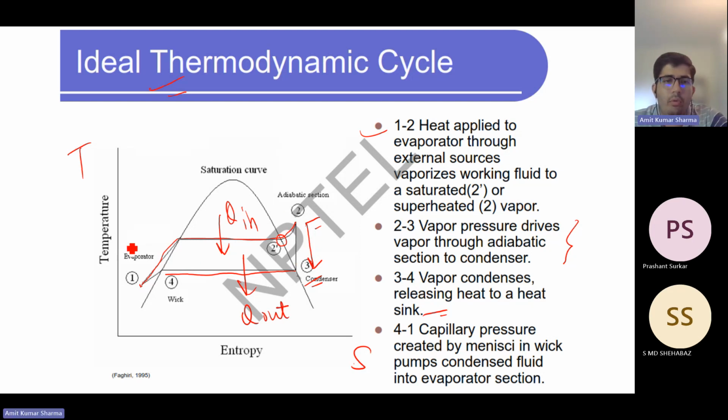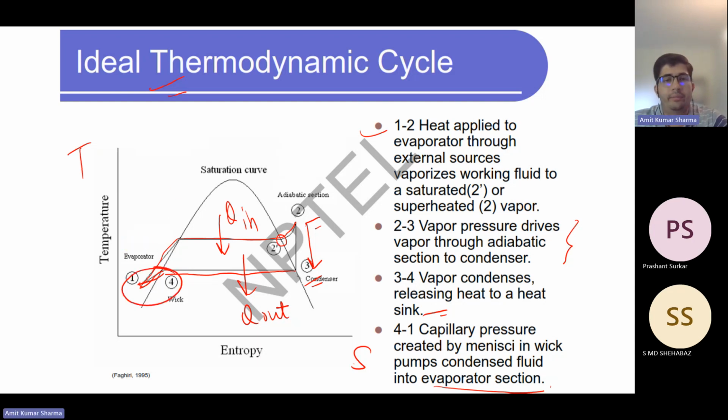Okay, now 4 to 1. At 4, the vapor has converted into liquid at the condenser end, but now we have to supply it back to the evaporator end. It will be through capillary action. The capillary pressure created by the wick pumps condensed fluid into the evaporator section. So 4 to 1 will be the capillary action from the wick.